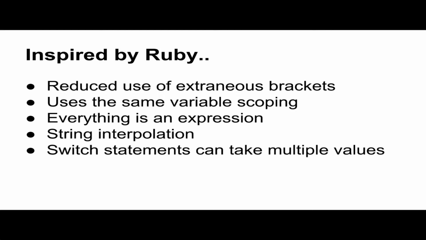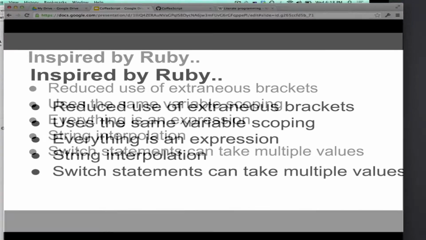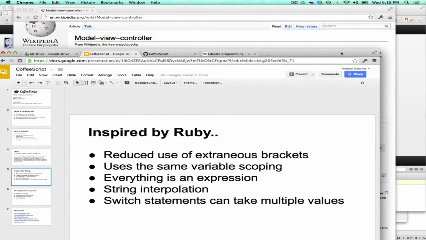I'll be getting into this through examples after I go over these bullet points. It has string interpolation similar to Ruby, and it handles switch statements that take multiple values.